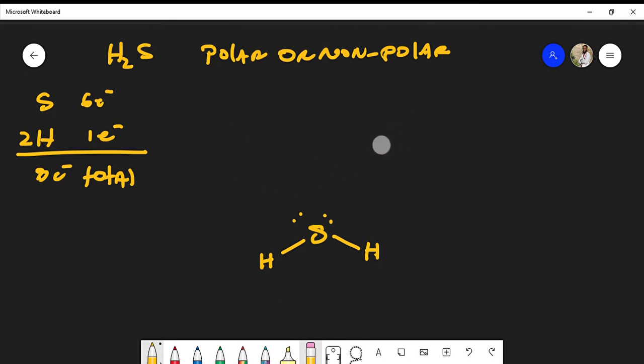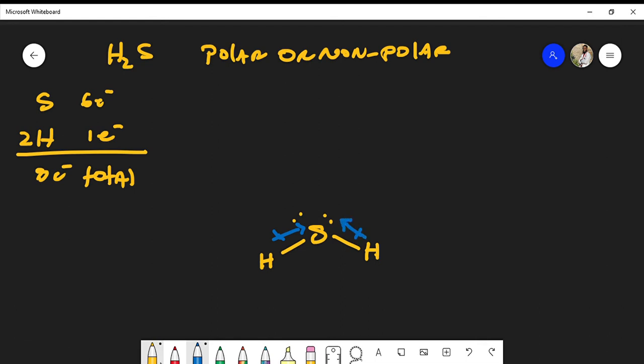And so, is this molecule polar or not? Well, let's look at the dipole moments. We know that sulfur is more electronegative than hydrogen, and so we know that the electrons should be going towards sulfur in terms of our dipole structure, and the same thing should be on the other side, right?